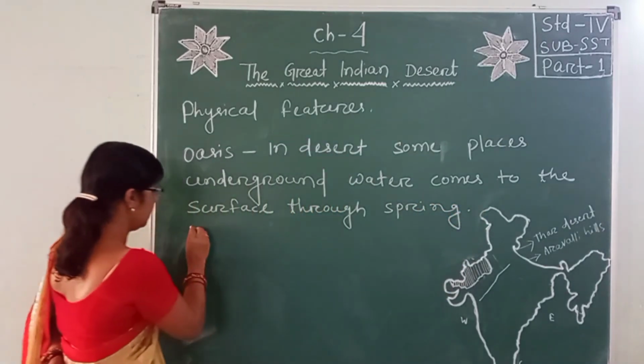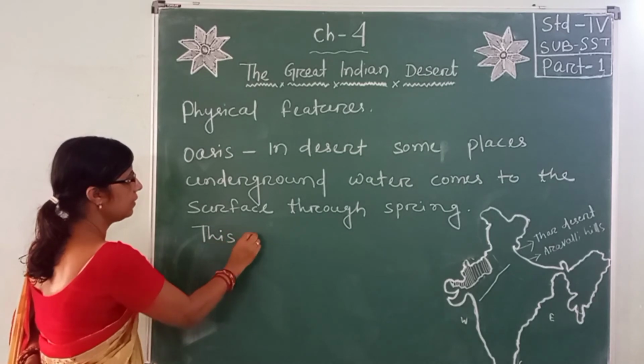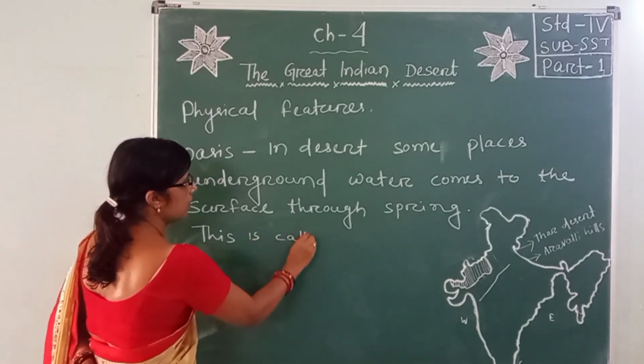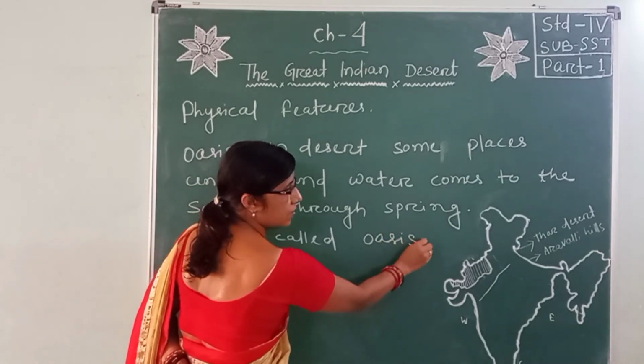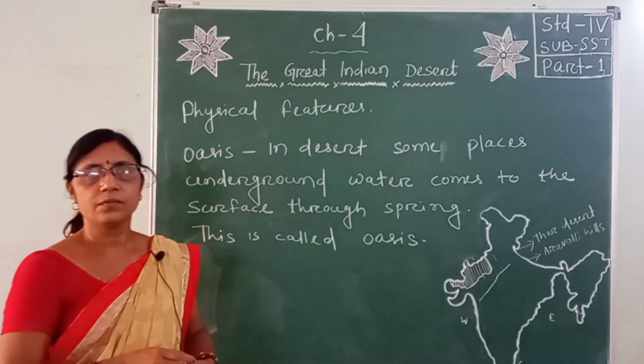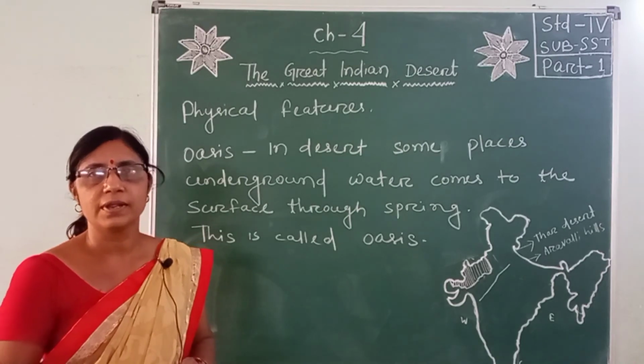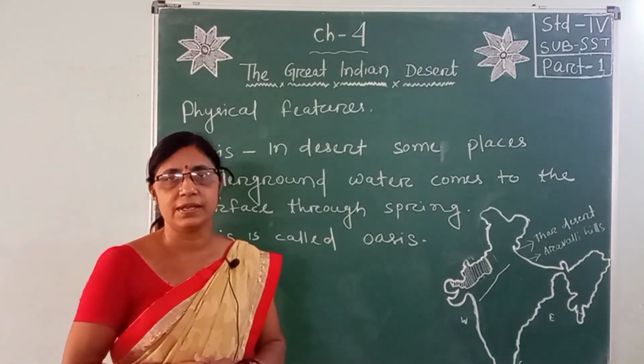This is called an oasis. And due to the availability of water, more and more people live near the oasis and grow crops.